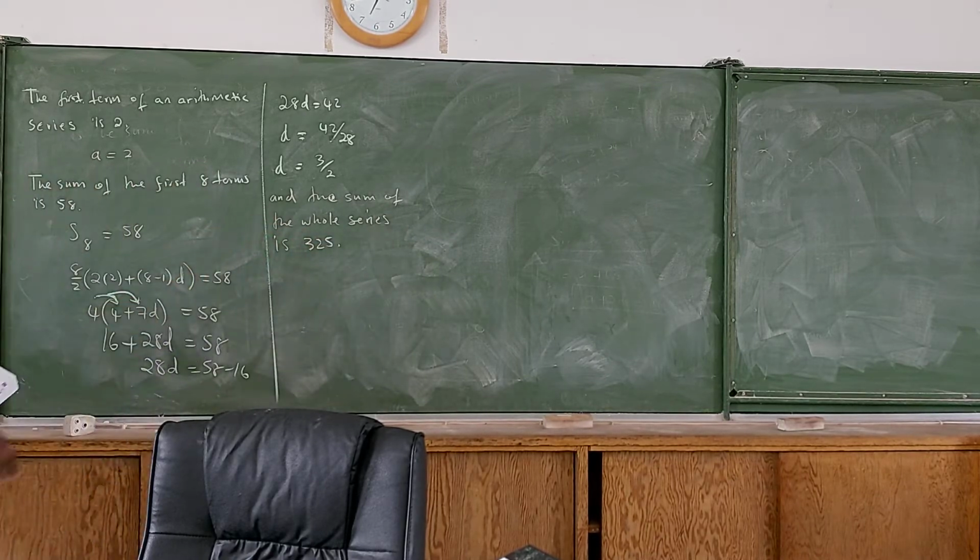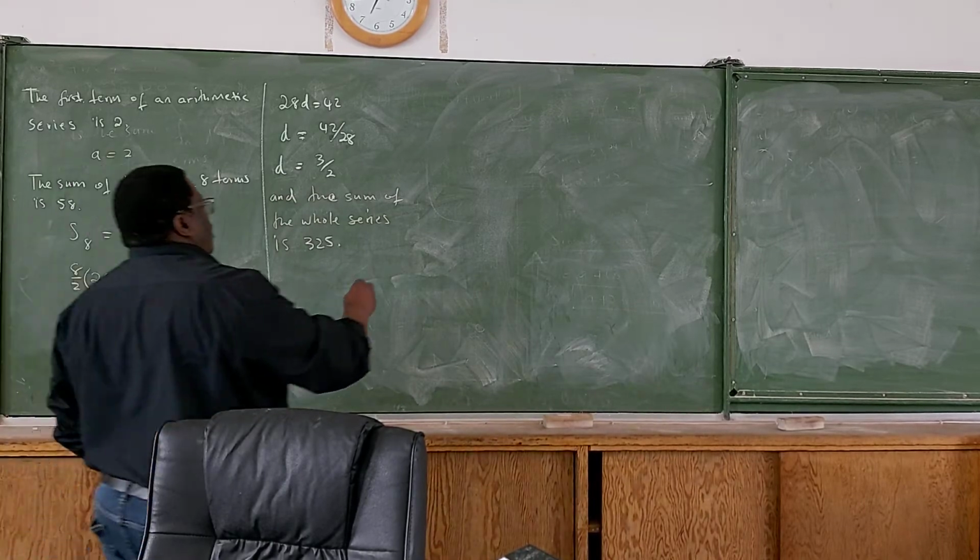What is the number of terms of this series? The whole series. If it says the sum of the whole series, the first 8 terms is 50. The whole series is 325. So we need to find out the number of terms. Okay, so how do we find the number of terms?